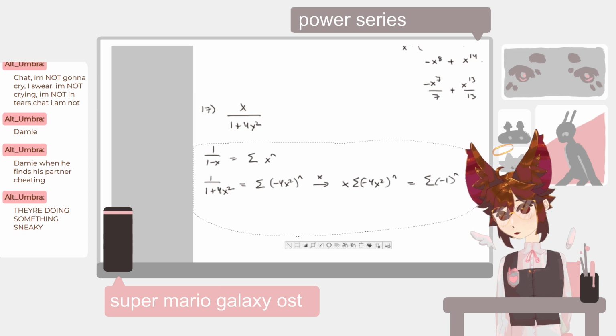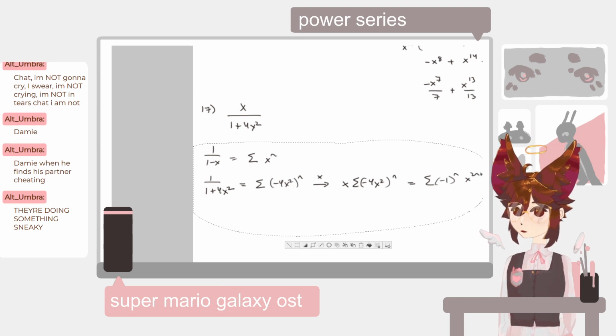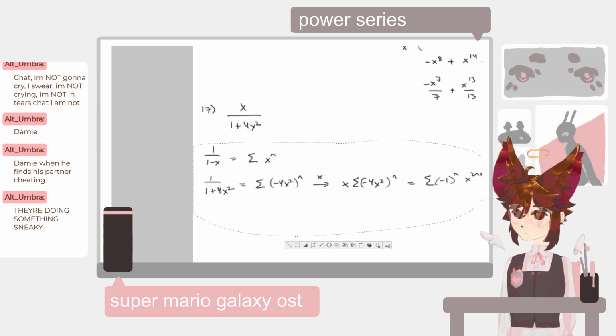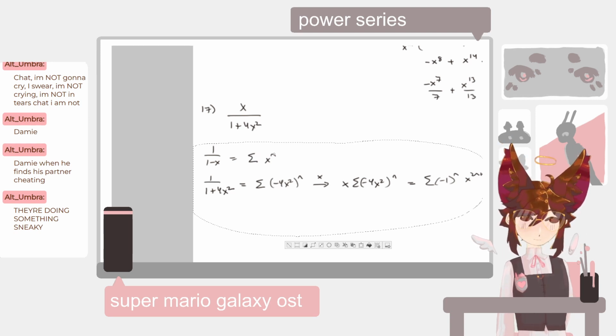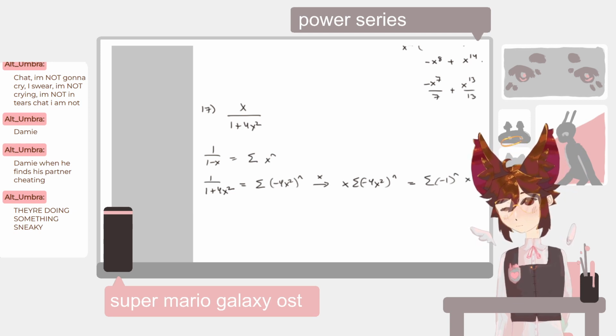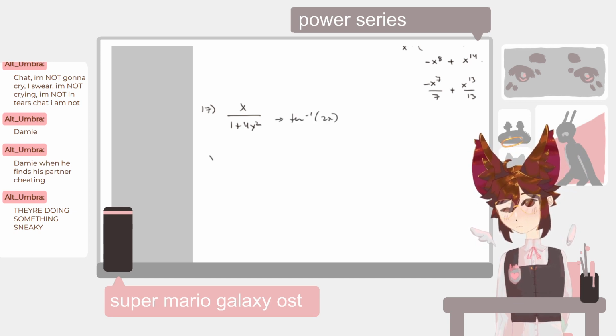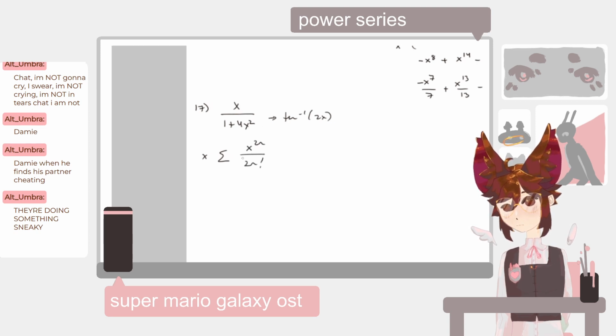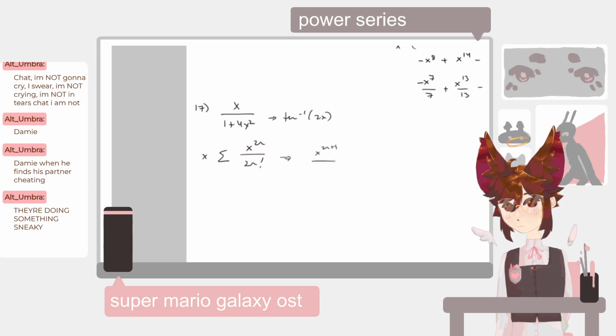I just, when I went to... no, but like for here, that shouldn't be... This is right. And then if we have an extra x, then this will be x to the 2n plus 1. Or 2n.